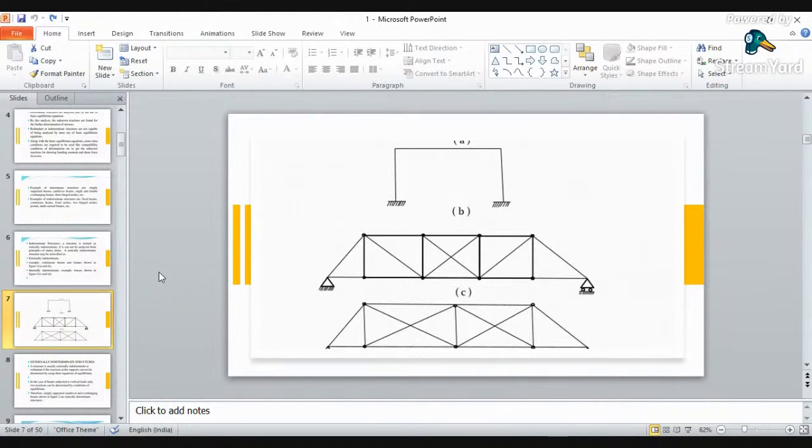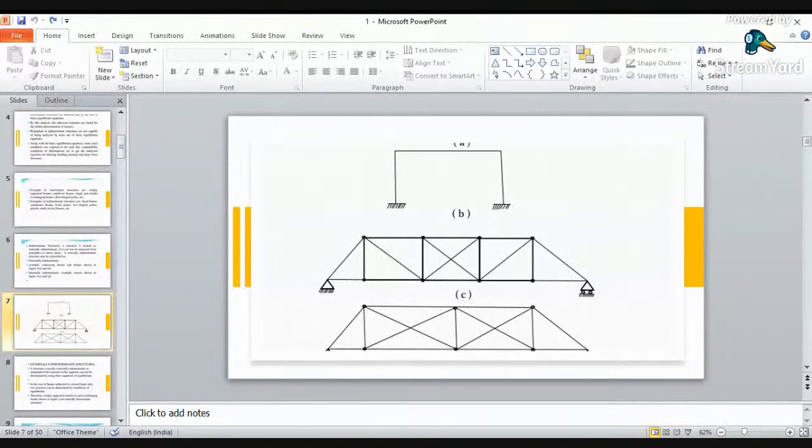So be cautious when using the section method and applying the forces and stresses of the first half to the other half. It is not identical when you cut the truss into two halves. Okay, thank you.